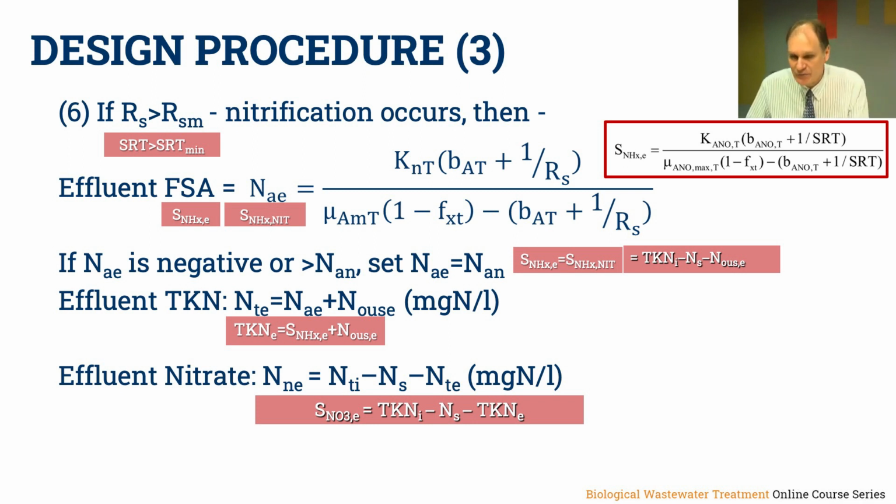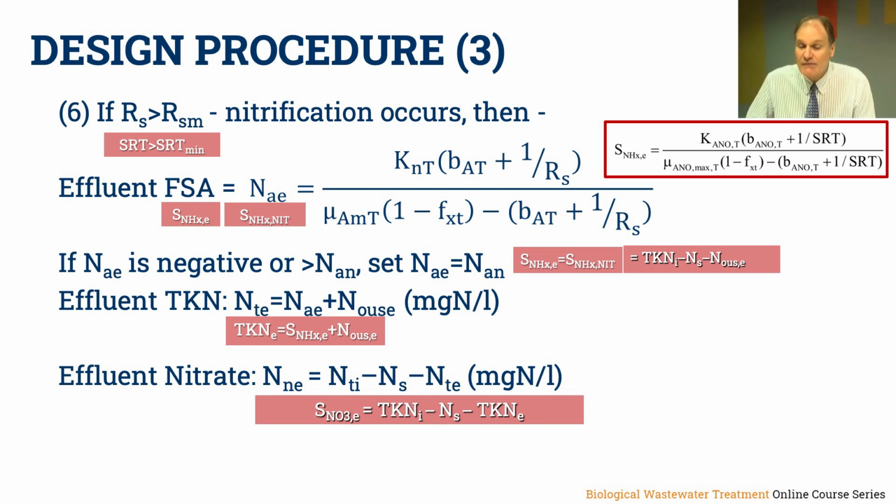Notice also that this equation can give you very high effluent ammonia concentrations in the order of hundreds of milligrams per liter. Because if the sludge age that we choose is, let's say, in a narrow range of like 5 or 6 days, then this value here is of approximately the same magnitude as that value there. But this one is larger than that one. The difference could be a very small positive number.